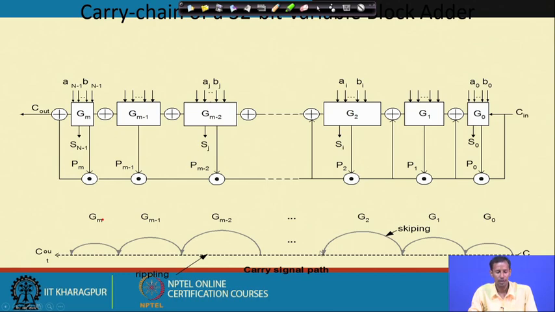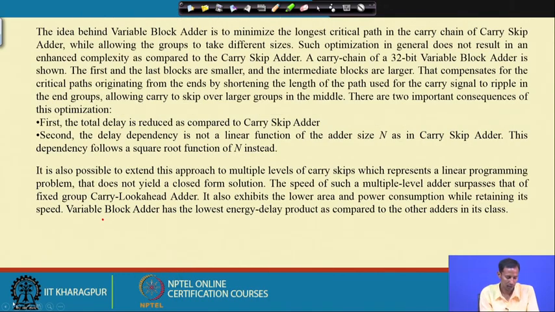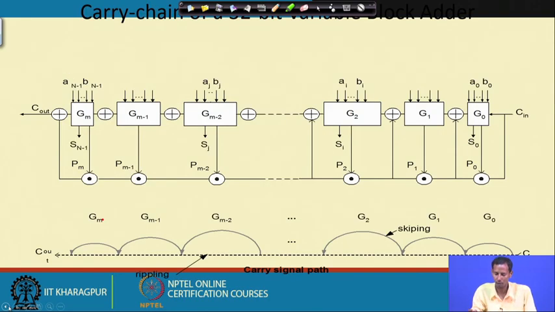In the variable block adder, there are fewer groups at the LSB and MSB ends, and more groups in the middle.